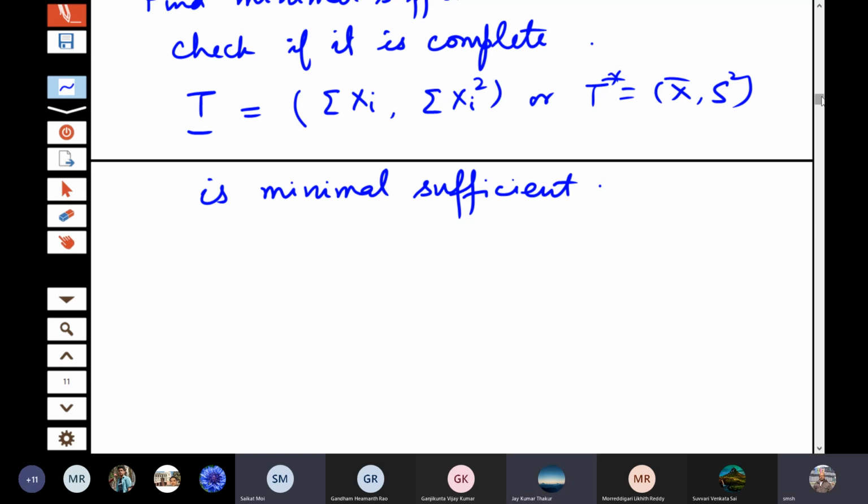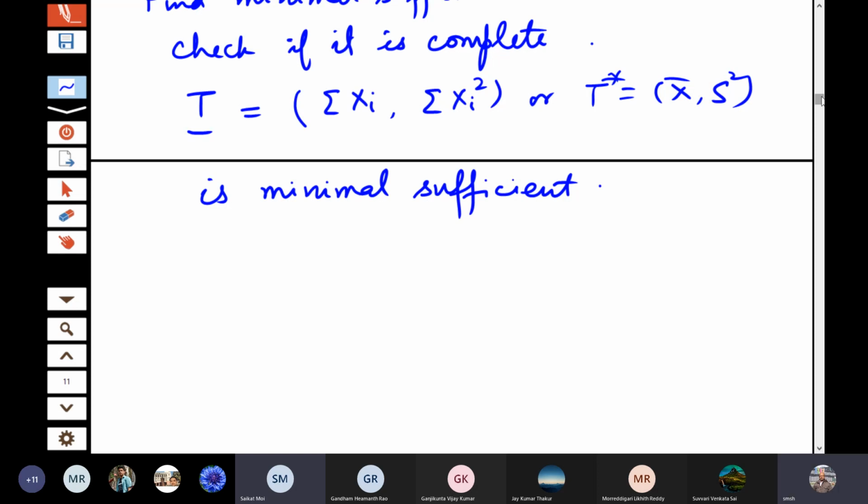What is the statistic? X bar minus S square. No, that is the Poisson distribution. This is normal. You are confusing it with the Poisson distribution. In the Poisson distribution, mean and variance are the same, so expectation of X bar was lambda and expectation of S square was lambda. But here expectation of X bar is theta and expectation of S square is theta square.